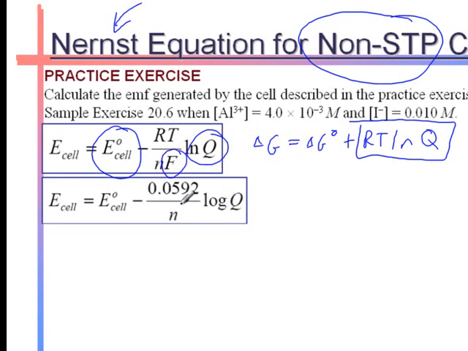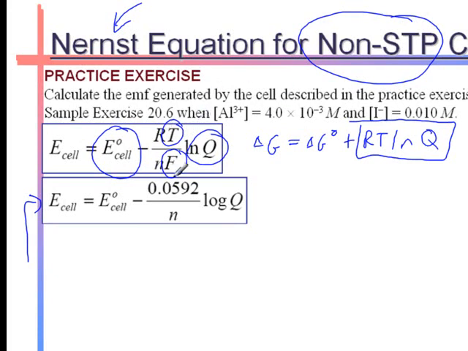Now, the Nernst equation that I would recommend using is this one. It just takes a lot of work out of it. This is still at standard temperature, so you get 298 Kelvin here, and that's a lot of times what you're going to be working with anyway. If it's not specified, assume that the temperature is 298.